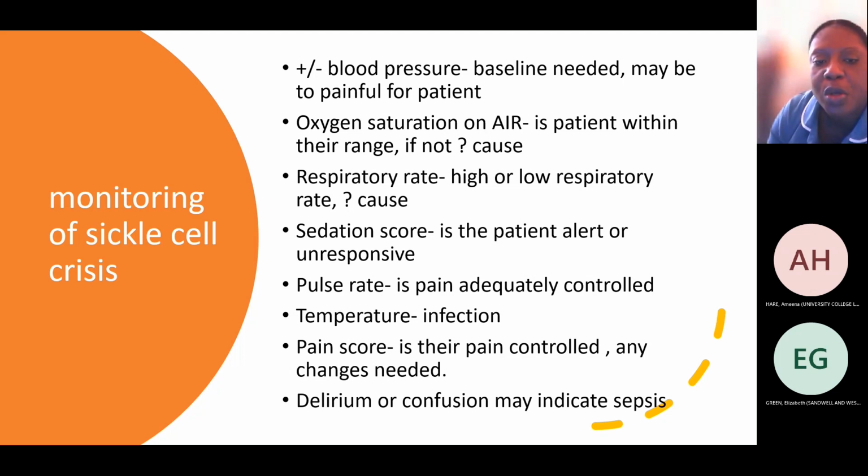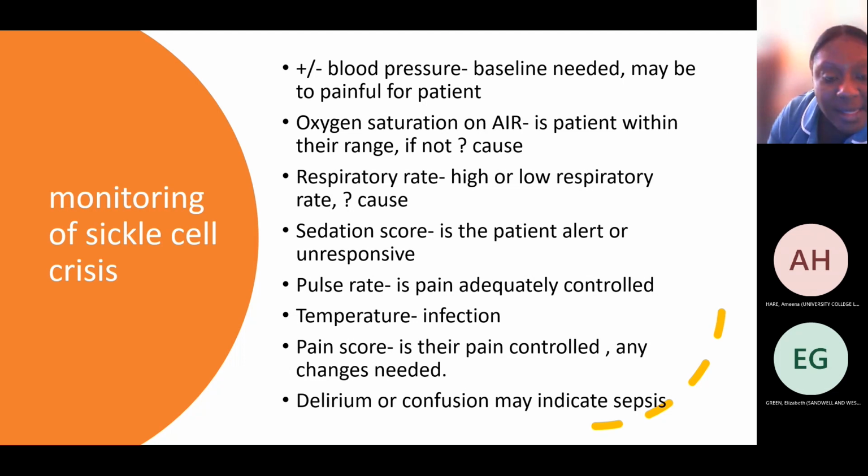Also, there's low respiratory rate. The reason why I put that there is because patients, especially sickle cell patients, are on constant pain relief regularly, more than the average of patients that are in hospital anyway. And one of the side effects of the pain relief that we're giving to our patients is that it can lower the respiratory rate. So in trusts, some people say if their respiratory rate is less than 10, then we need to stop and review their pain medication.